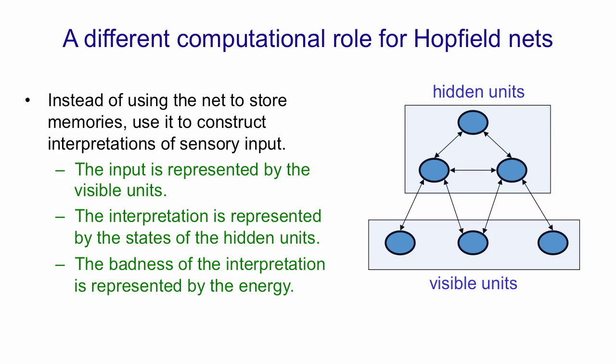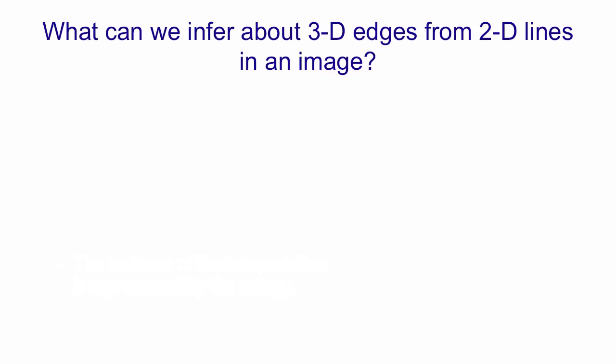So to get good interpretations according to our current model of the world, which is in the energy function, we need to find low energy states of the hidden units, given the input represented by the visible units. I want to give an example of this to make the idea clearer.